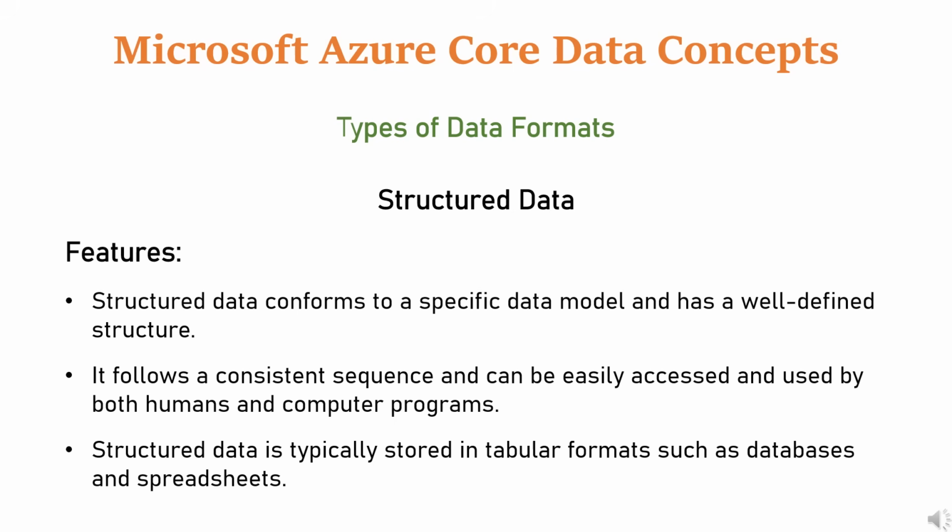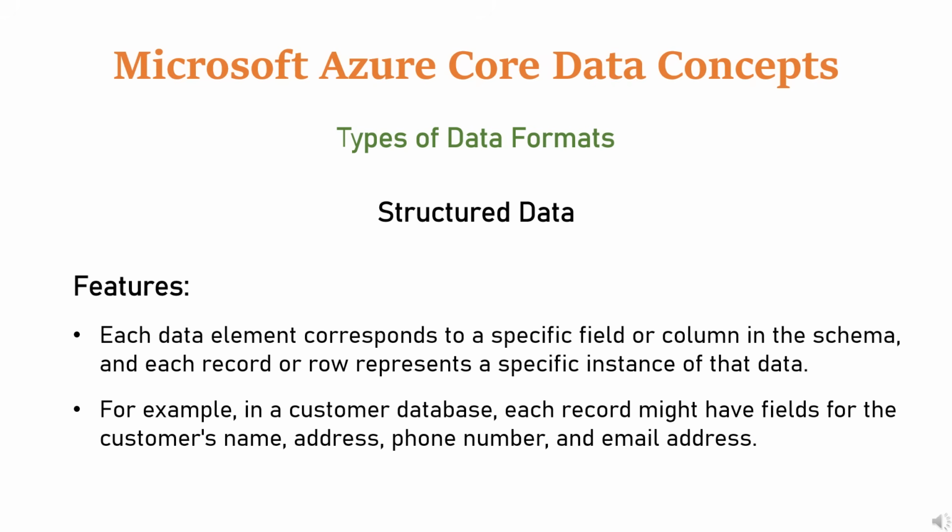It follows a consistent sequence and can be easily accessed and used by both humans and computer programs. Structured data is typically stored in tabular formats such as databases and spreadsheets. Each data element corresponds to a specific field or column in the schema, and each record or row represents a specific instance of that data. For example, in a customer database, each record might have fields for the customer's name, address, phone number, or email address.